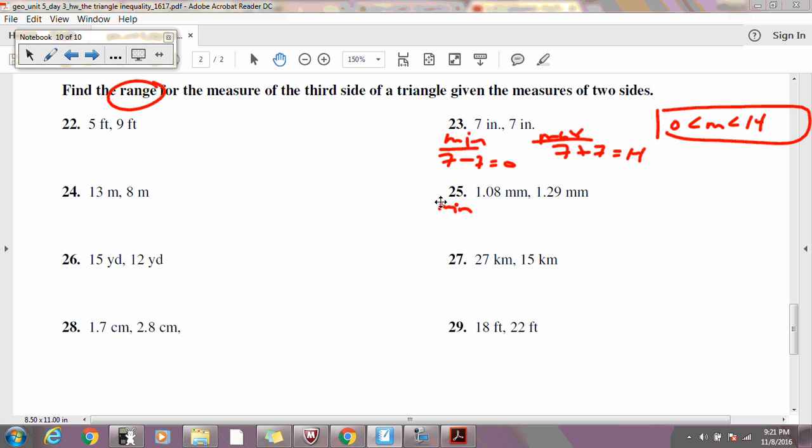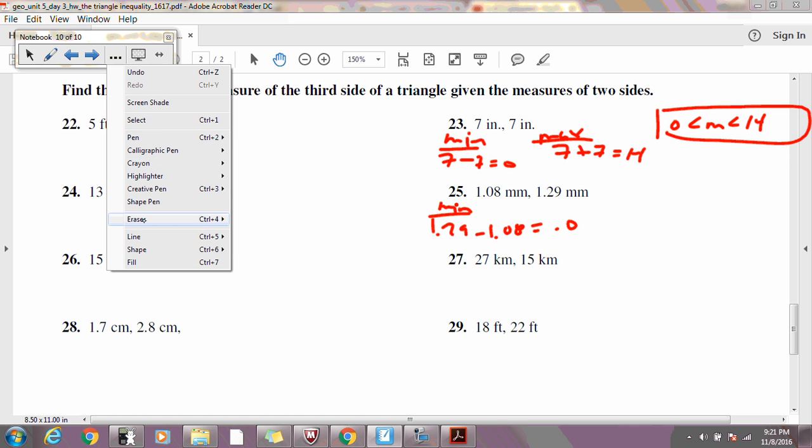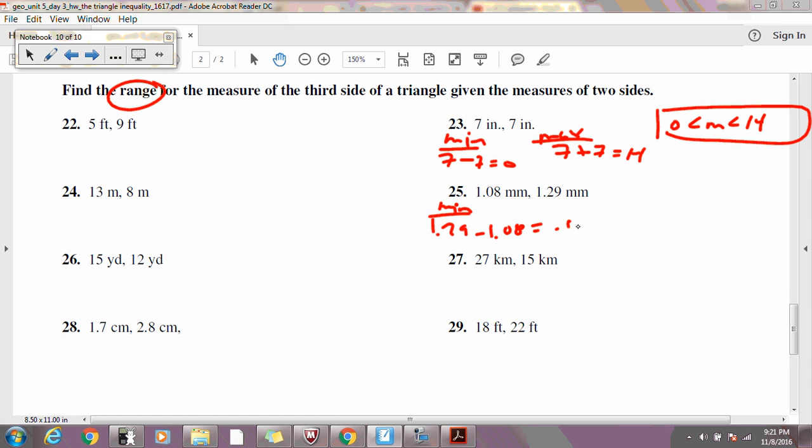On this one, the min would be 1.29 minus 1.08, which would be 0.21.